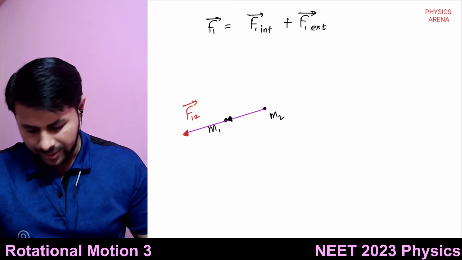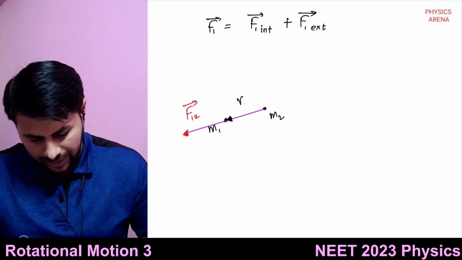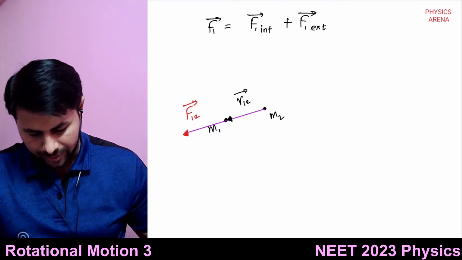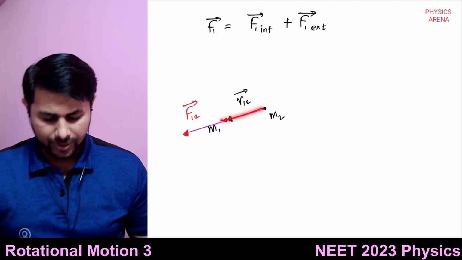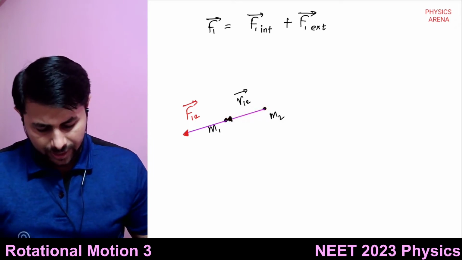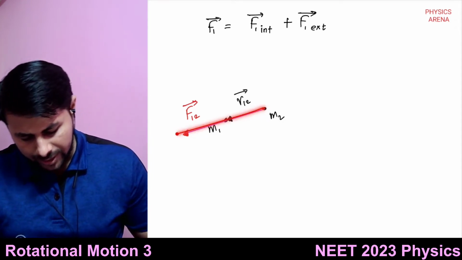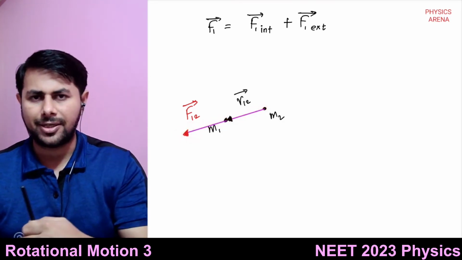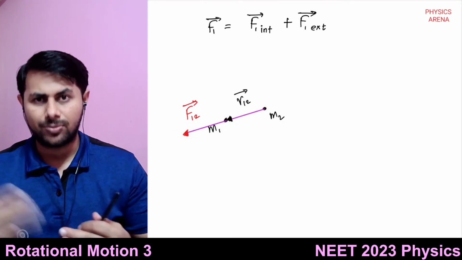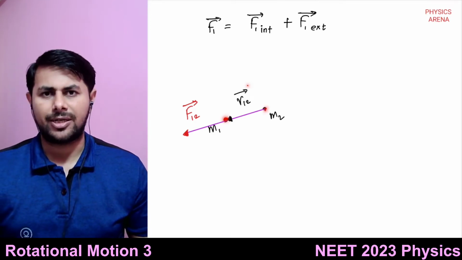You can call it r12 bar. Now the position vector is directed like this. So the force due to the second particle on the first particle acts in the same direction as the relative position vector of this particle with respect to this particle.